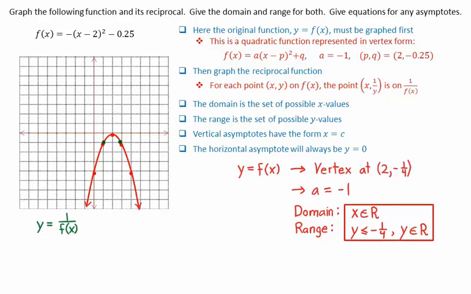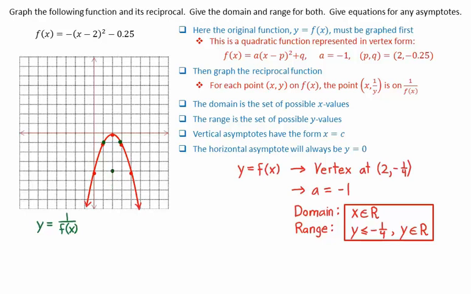I will now plot 3 additional points on the reciprocal function by taking points on the original function and taking the reciprocal of the y values. First of all, looking at the vertex. The vertex at (2, -1/4), taking the reciprocal of -1/4, we get the point (2, -4).